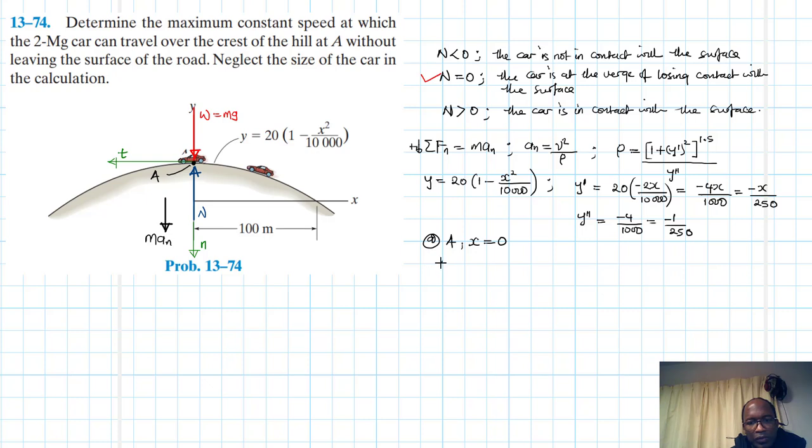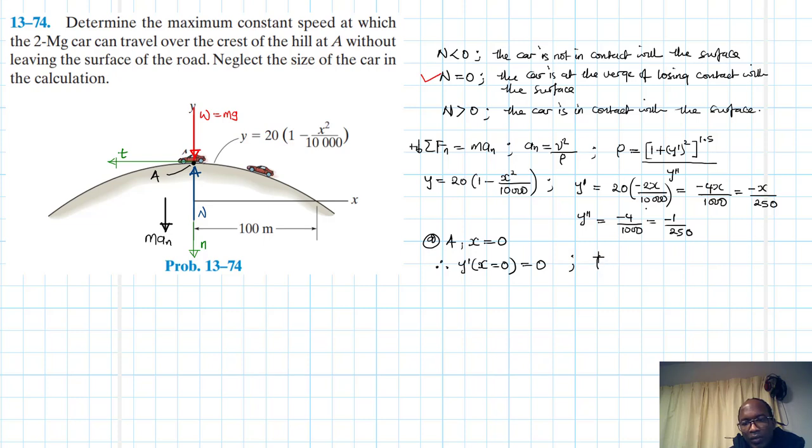Therefore, y prime at x equal to 0 just gives us 0.